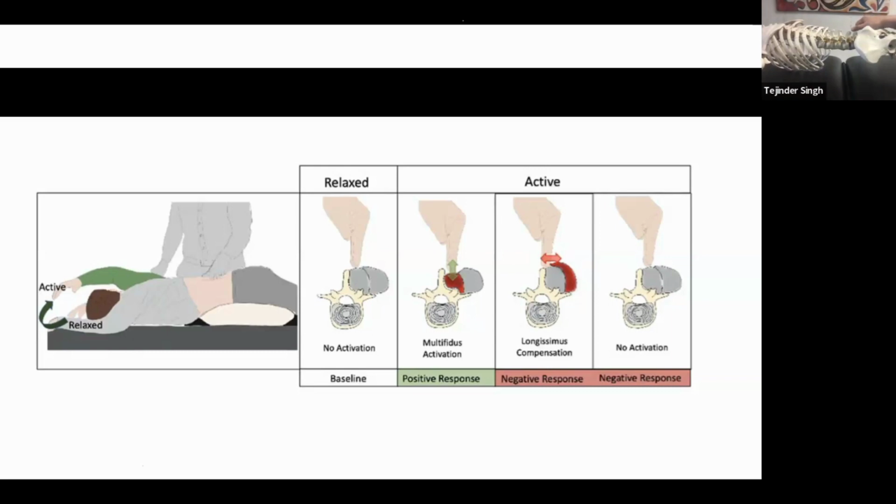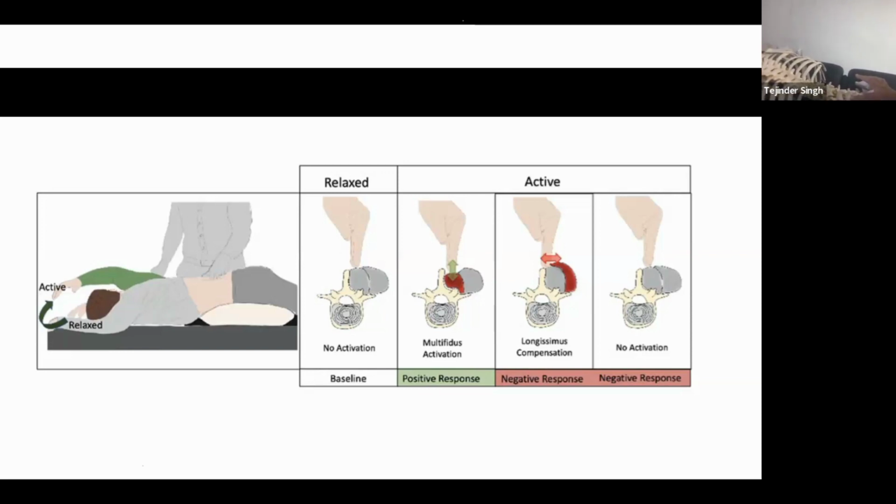So one more time, in fact, I have to show you on the skeleton. All you're doing is finding the interspinal space. You're palpating here. If you can see my finger palpating here, you ask the patient to lift the opposite arm by just 5 centimeters.